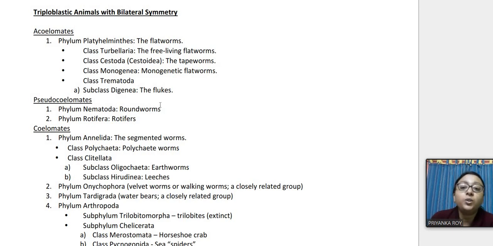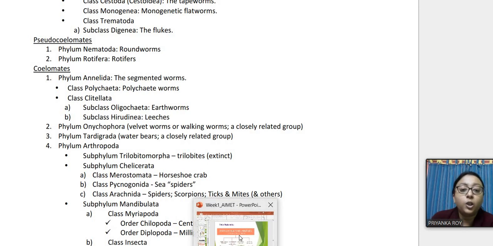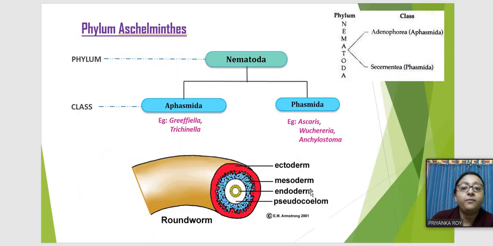Next comes the pseudocoelomates, the phylum Nematoda and phylum Rotifera. So nematodes are basically roundworms. So far we have seen the flatworms, and now comes the roundworms. Their body is round like this. There are two classes, Phasmida and Aphasmida, according to the presence of phasmids, and there are a few examples written here.